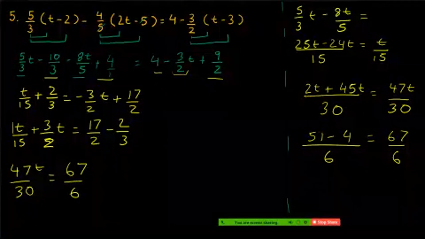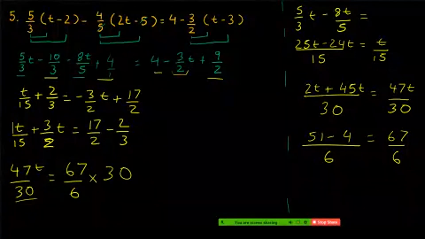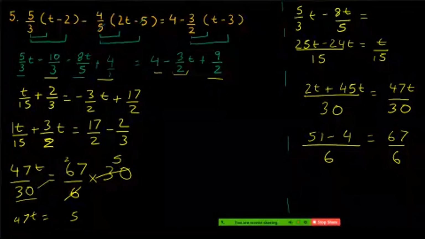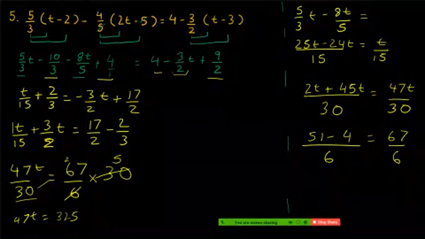So now what we need to do is get this 30 and times it by here, because it's getting divided here. So when it goes here, it just becomes a multiplication. So we can cancel out the 6 and the 30, which becomes 5, and we're left with 47t is equal to 67 times 5, which is 325.